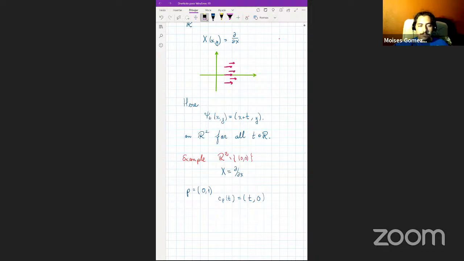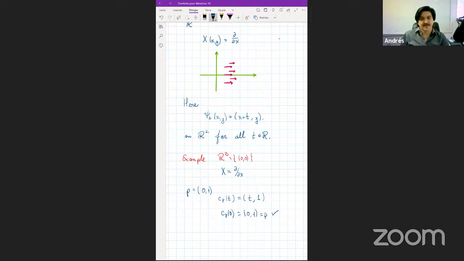It's in the domain. If I put t equals 0, I don't get p, right? So here I must put a 1, because at 0 I have p, which is me. That's the initial condition that we require.